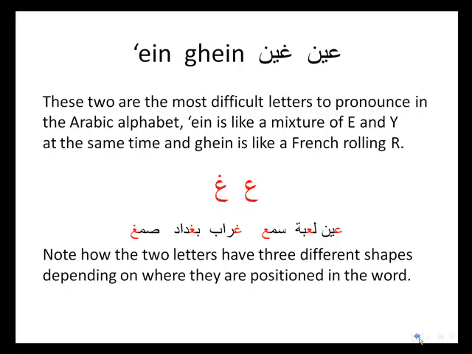At the beginning of a word, Ain and Ghain just lose their tail. They are open and nice, just like they are when they are freestanding. However, in the middle, as you can see when they're connected on both sides, they look like little triangles.